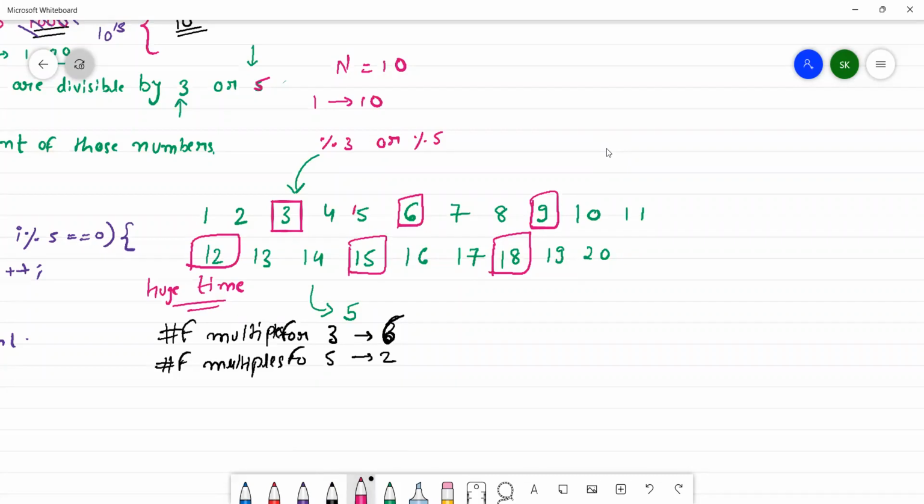If I talk about 5, I'll get 5, 10, 15, and 20.